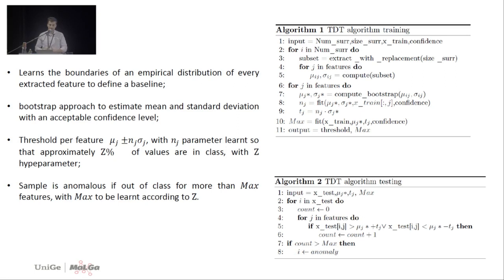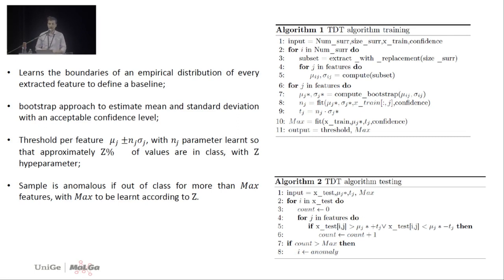And the way we learn it is simply allowing that approximately 1 minus z% of the training samples are anomalies. In this case, we have a set of thresholds, so 1 threshold per each feature. And when a sample is tested, we consider it as anomalous if it falls out of the computed boundaries for more than max features.